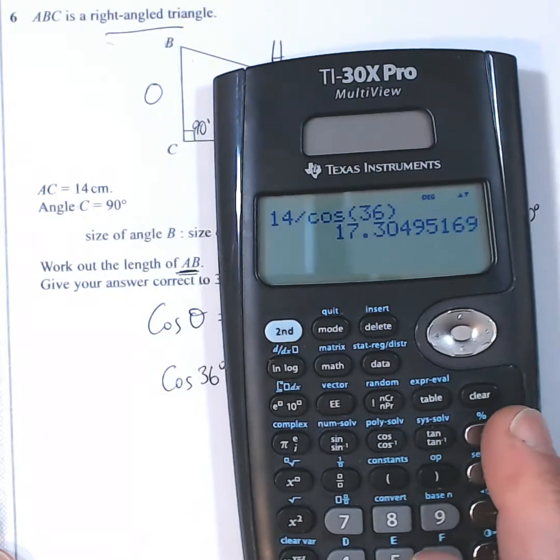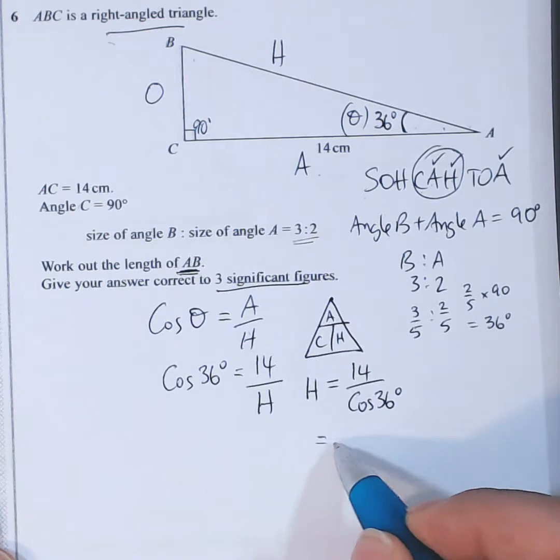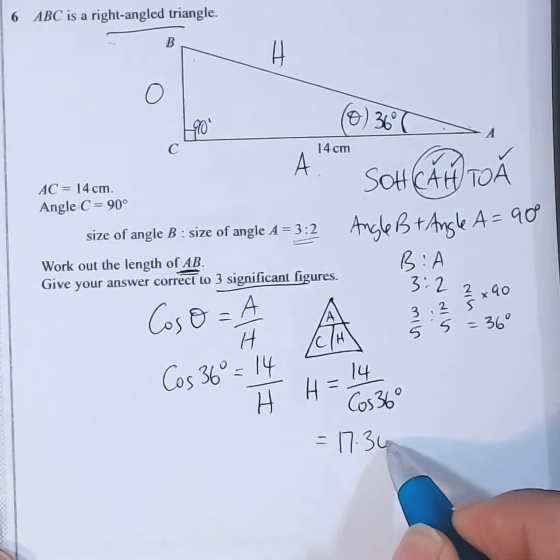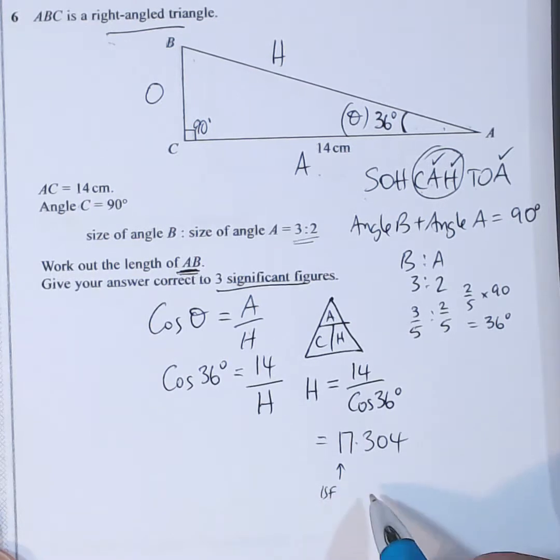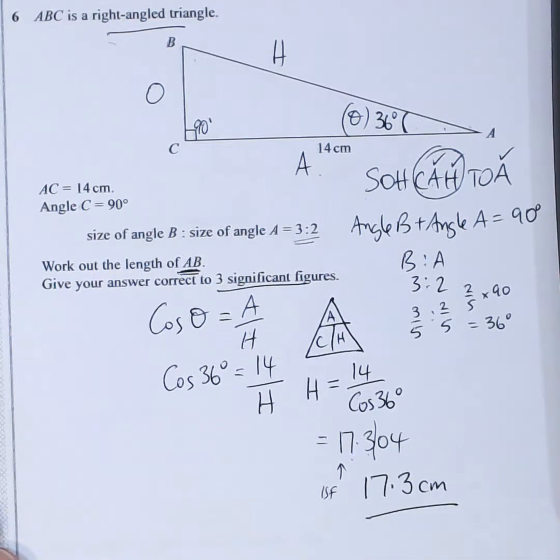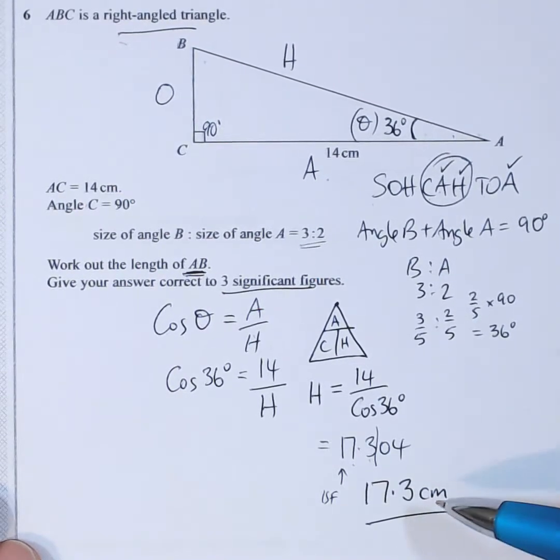So 17.3 to 3 significant figures, because the question wanted 3 significant figures. So the answer here was 17.304. Our first significant figure is the first non-zero digit in a number, our second one, our third one, so we're cutting the number there. So the answer will be 17.3 centimetres. And we ask ourselves, after doing all that work, is that answer sensible?